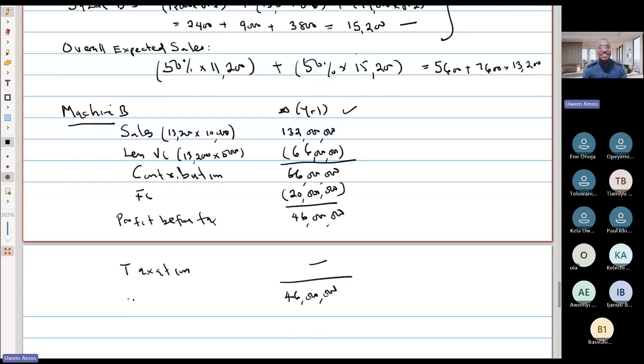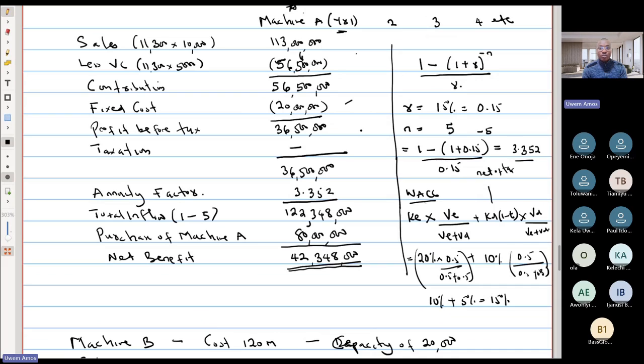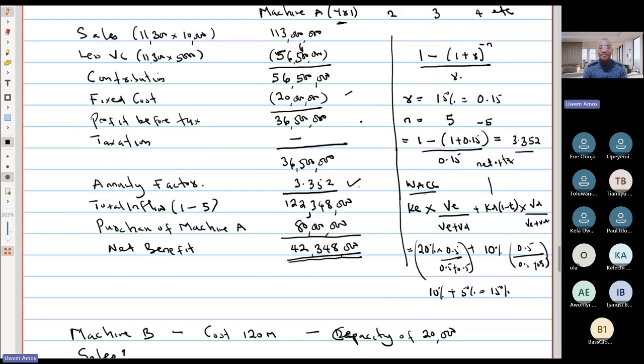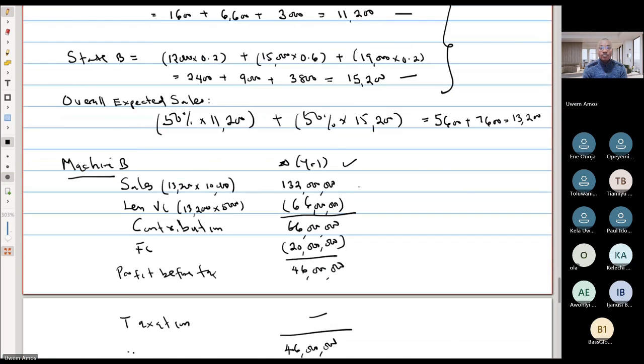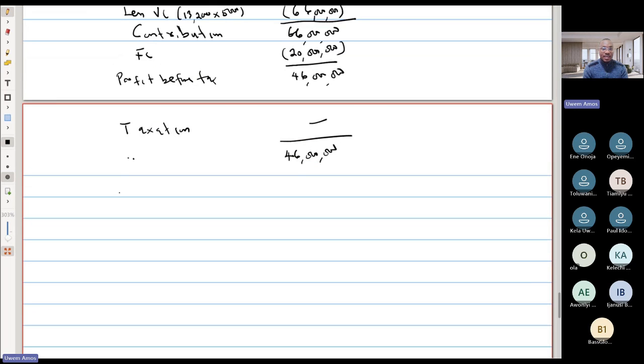So just like we did for machine A, we need to bring in the annuity factor. We've already calculated it, so we don't have to calculate it again. That is 3.352. So we multiply it, and we have 154,192 as our benefit before we pay for the machine.